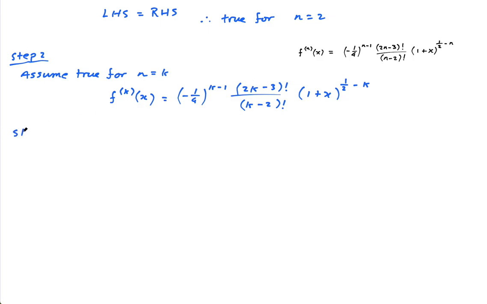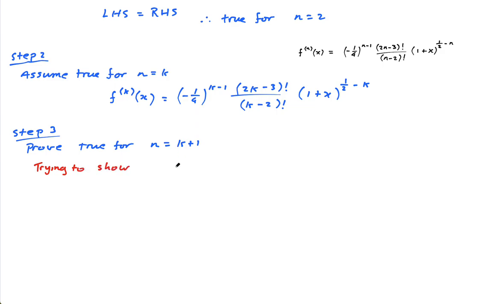This is where it gets difficult, where all proof by induction questions get difficult. We need to prove true for n equals k plus 1. Okay, so I like to put in this step, guys, and I think it's important: trying to show.